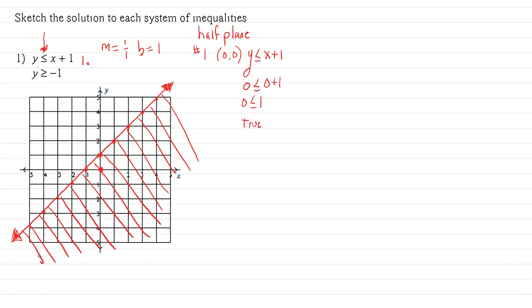Well, now we're getting ready to do equation number 2. For equation number 2, I see that m is equal to, oh, did you notice there's no x? So m has to be equal to 0. And you notice that b is equal to negative 1. When m is equal to 0, we need a horizontal line.